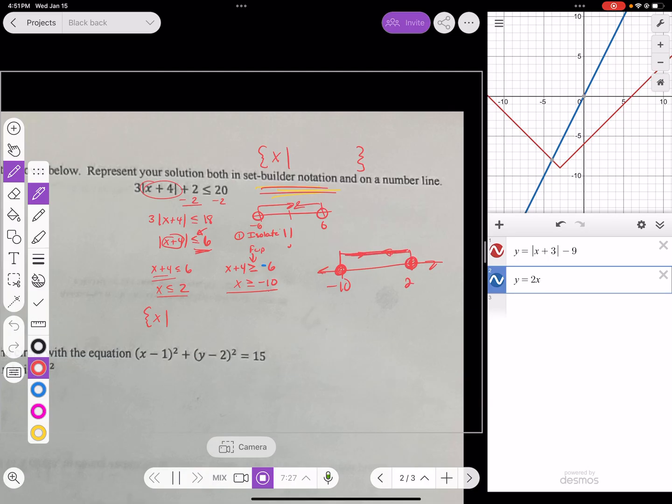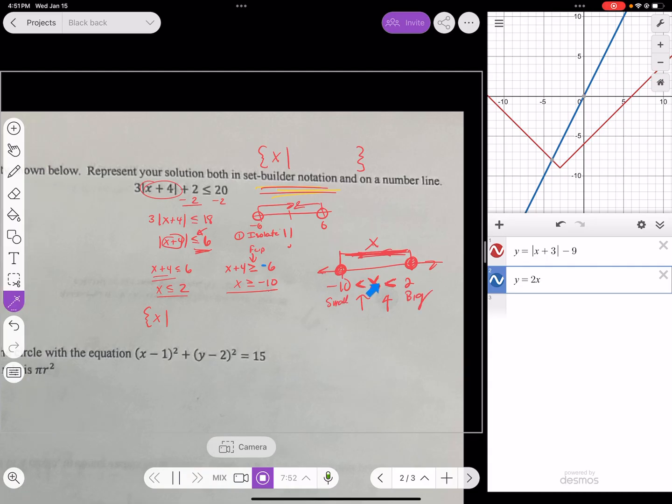And so the x's we want are trapped inside that -10 and 2. And when you write your answer in set builder, you just drop that x in the middle of them because you're trapped inside them, and always point left to the small number, and then always point left to the x. They just always point left as long as this is your small and this is your big.